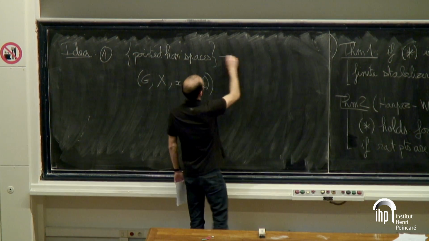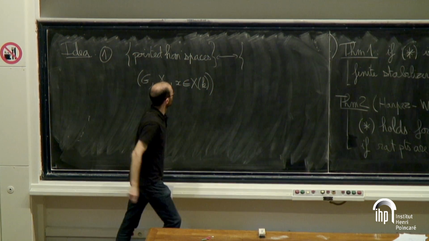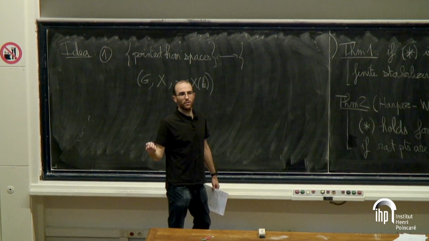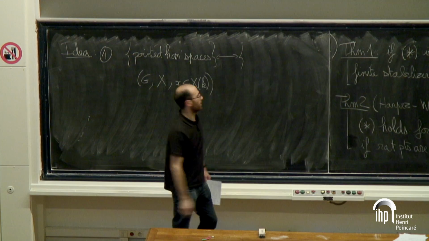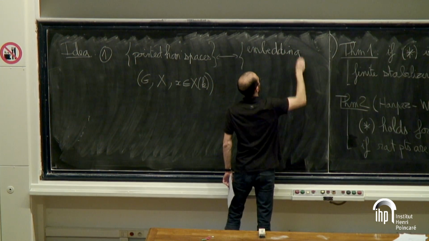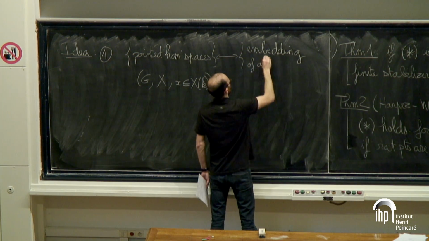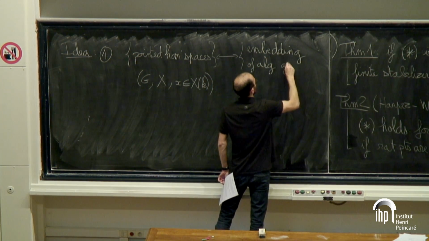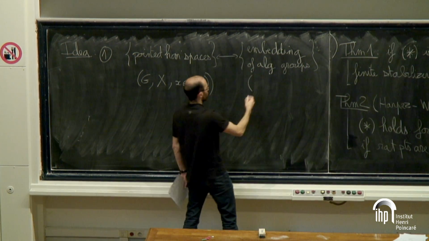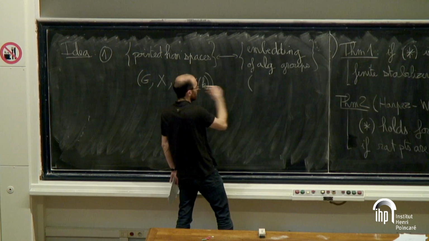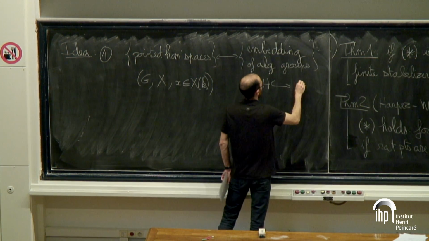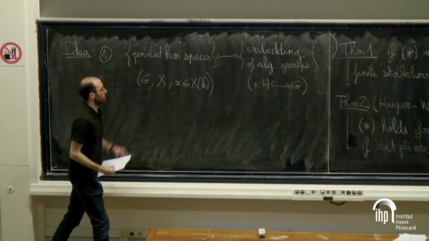this data is the same as the data of, say, a closed immersion of an algebraic subgroup into an algebraic group. So embedding of linear algebraic groups, in the sense that here you consider the data of G, H, and a closed immersion of H into G. These two things are equivalent.